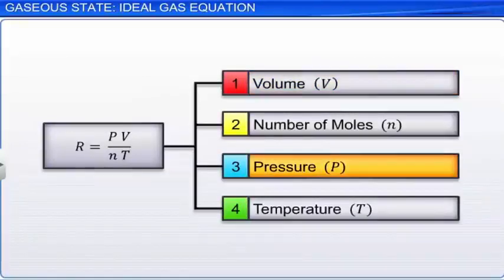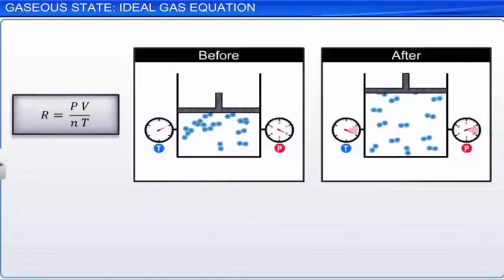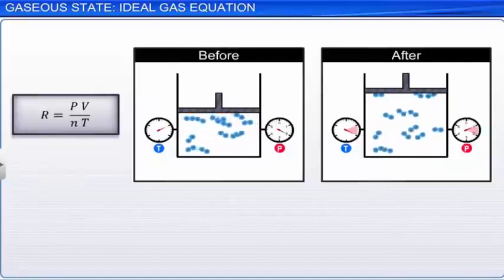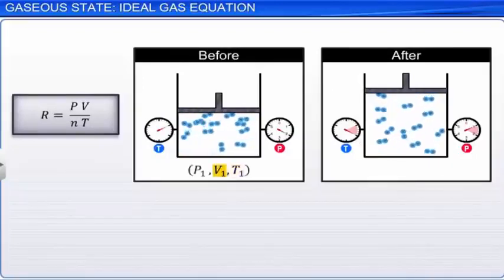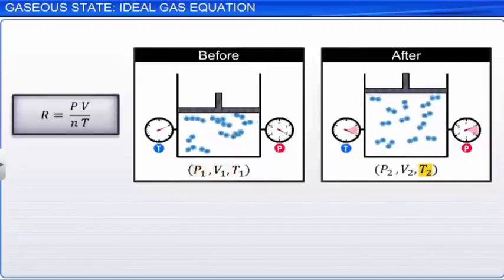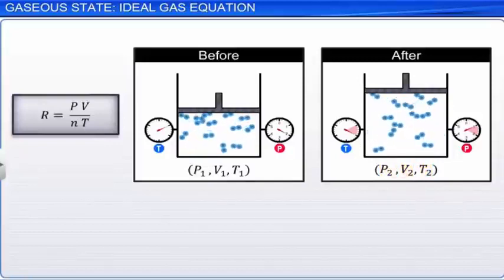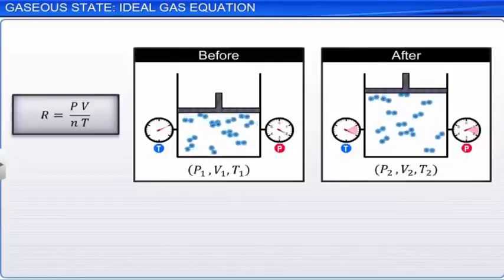If we vary temperature, volume and pressure of fixed amount of gas, that is, keeping the number of moles N of the gas constant, from T1, V1 and P1 to T2, P2 and V2, then using ideal gas equation, we can write P1V1 by T1 is equal to NR and P2V2 by T2 is equal to NR.